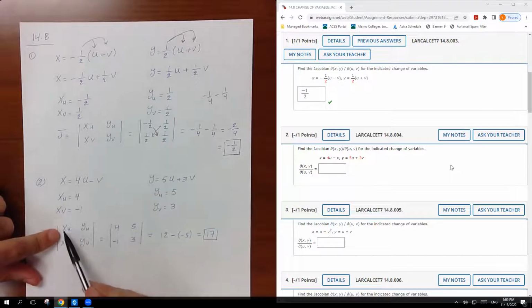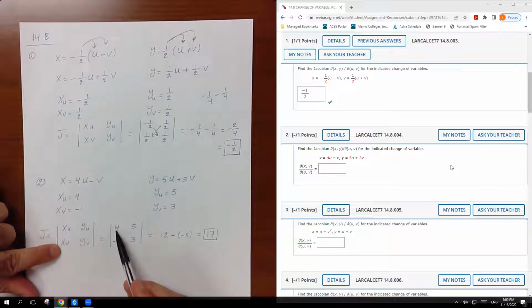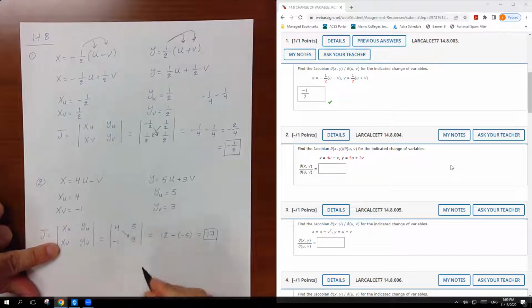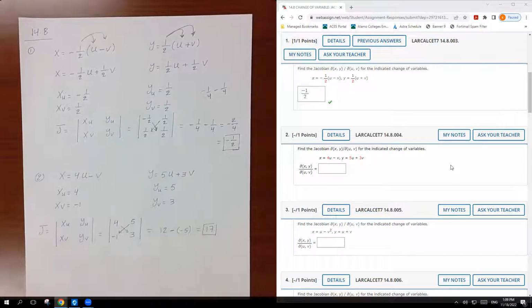Then the Jacobian is x sub u, x sub v, y sub u, y sub v, which is 4, -1, 5, 3. The determinant is 4 times 3, which is 12, minus 5 times -1, which is -5. The result is 17. So for the second one, it's just 17.